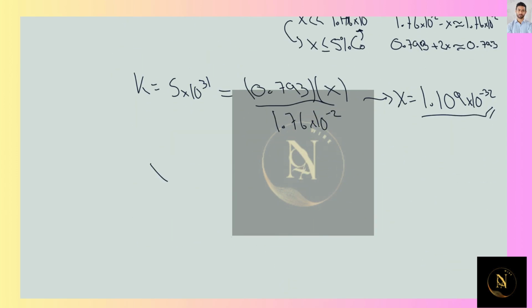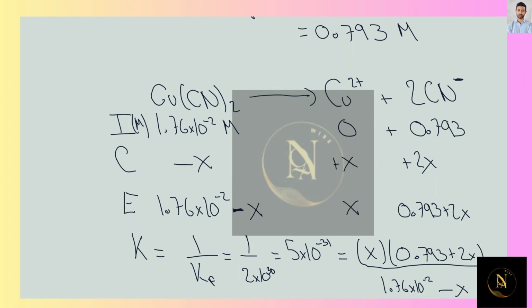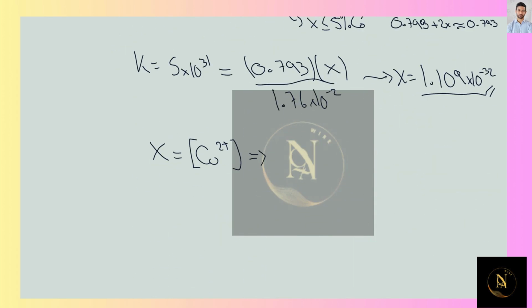Now let's remember that X is equal to the concentration of Cu2+. Another thing is that here we have a common ion effect because of the excess of cyanide in our solution, which also helps bring the equilibrium more towards the formation of the compound.